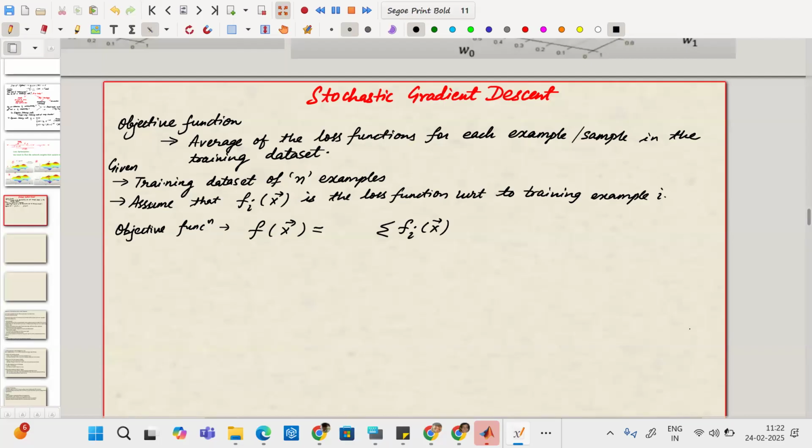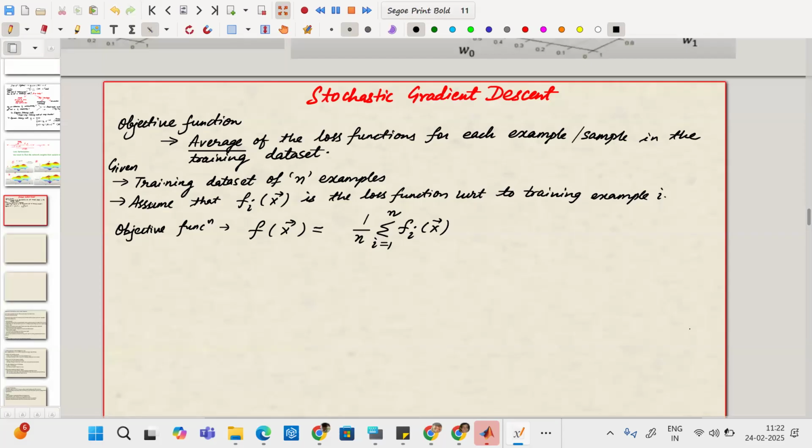How many training samples you have? Summing the loss for all the training samples, take the summation from i equal to 1 to n. And I told you that we have to take the average. So this is your f of x bar, the objective function you want to minimize, because this is the loss function you want to minimize.